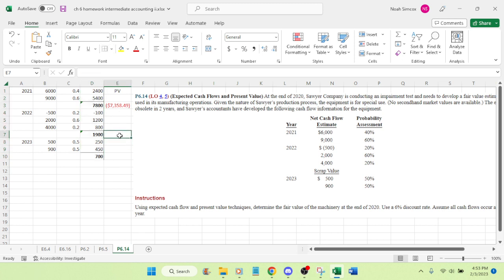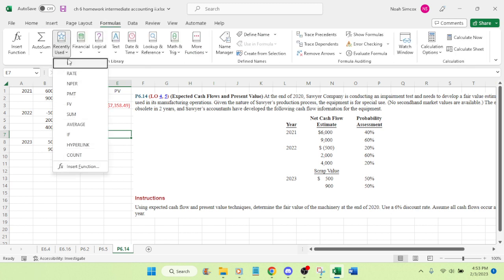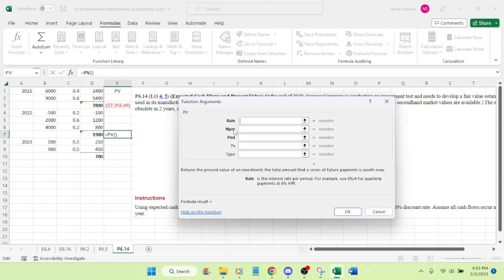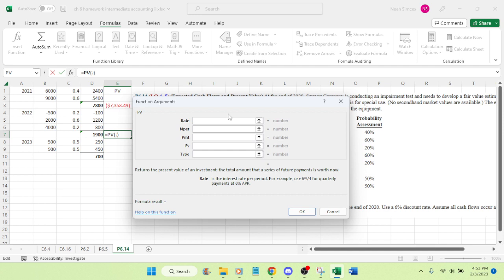So this is going to be rate of 6%. And the number of periods is going to be 2. And the future value is 1900.